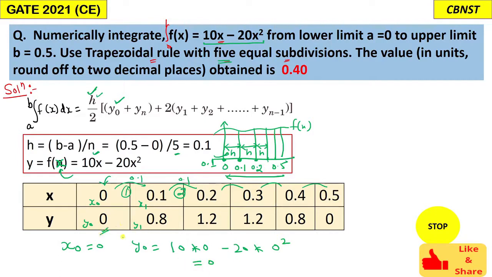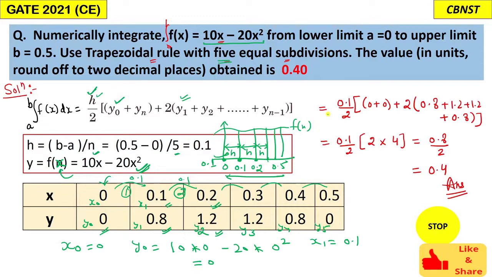Now x1 is actually 0.1, so if we put this 0.1 in this function, we will get 0.8. Similarly, after putting 0.2 in this function as the value of x, we will get 1.2 as the function value, and so on. Now we will put all the values of y in this formula. So this is y0, y1, y2, y3, y4, and y5.